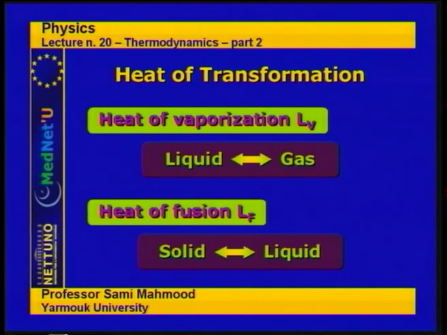We have another transformation process, which is the so-called fusion, the heat of fusion, L sub F. And that is the amount of heat that is required to transform a unit mass of a solid, of a given material, to liquid without changing the temperature, without increasing or decreasing the temperature.